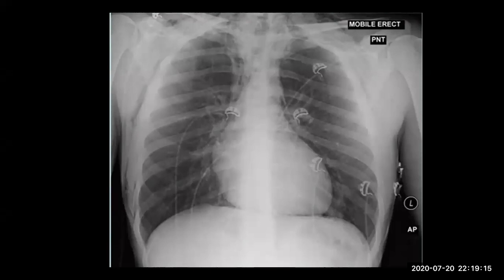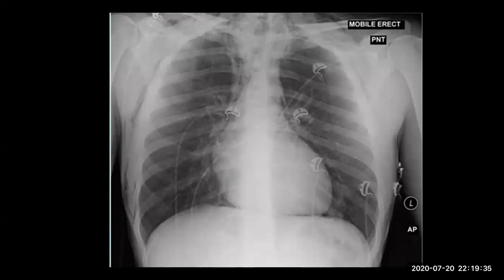Can pneumopericardium give the continuous diaphragm sign?